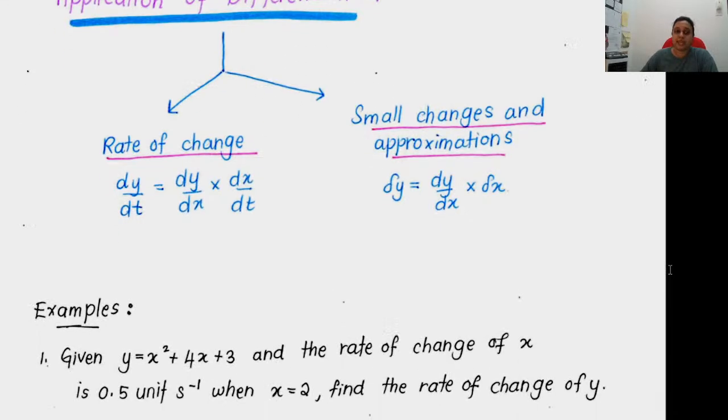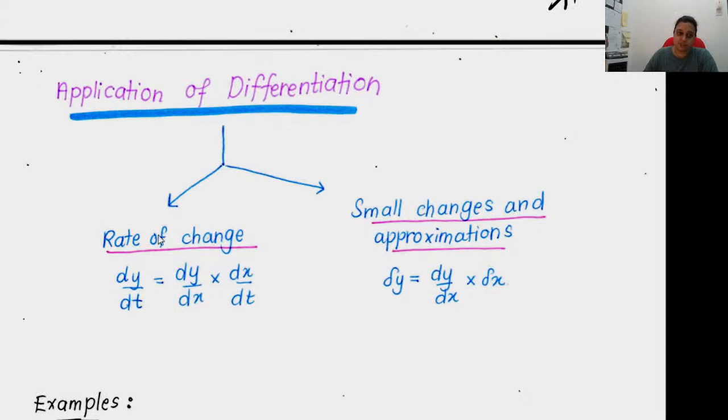Now, rate of change. We start with rate of change first. What is rate of change and how to apply? The moment you see the word rate, rate means changes that happen with time.